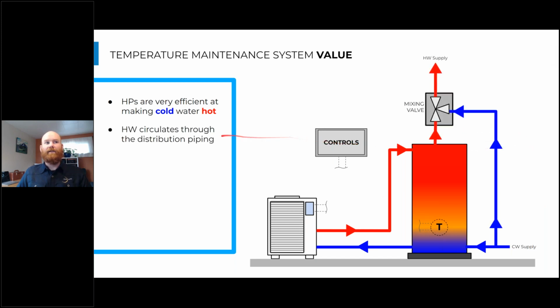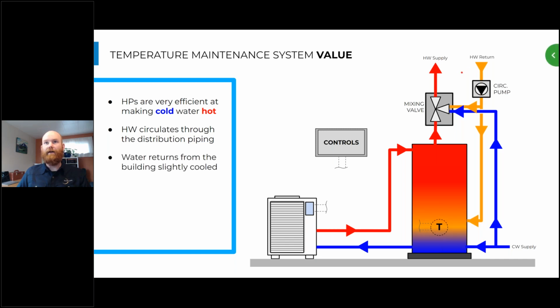Hot water then basically goes out to the distribution network, and often we're putting a mixing valve here because we're storing water above 120 and we want to send it out at 120. So we're mixing this 150 degree water, 140 degree water with a little bit of cool water from the city, typically at 60 degrees Fahrenheit, and it's going out at 120. Really efficient way for the heat pump to operate.